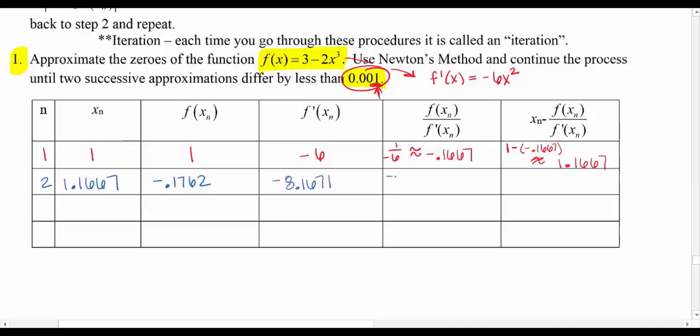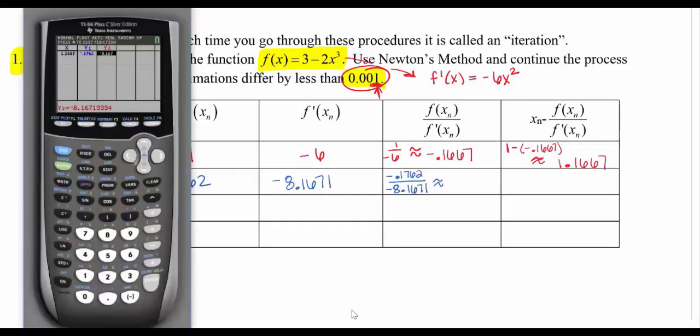Now I'll divide them. I can divide them on my home screen, or I'll show you a way I can actually have my table have a y3 in here of what y1 divided by y2 would be. So if I go back to my y equals, I can put that in here, and again, you want the original function over the derivative, so I want y1 divided by y2.